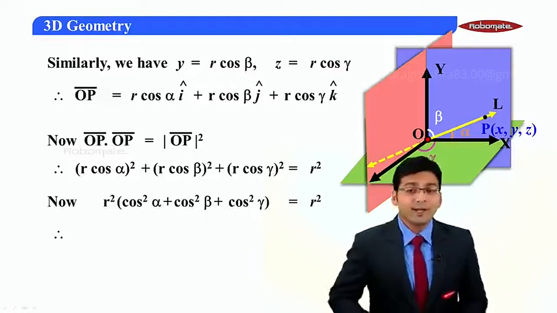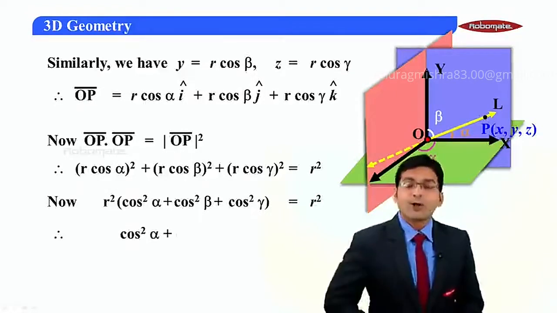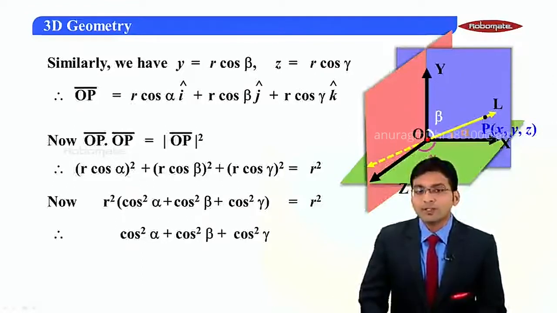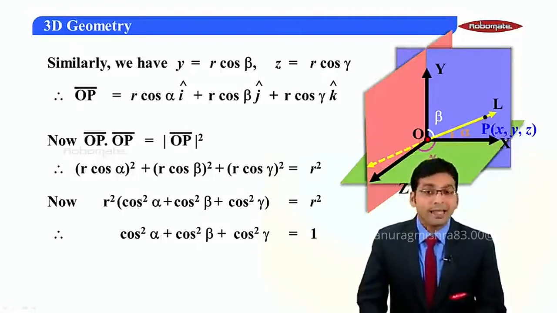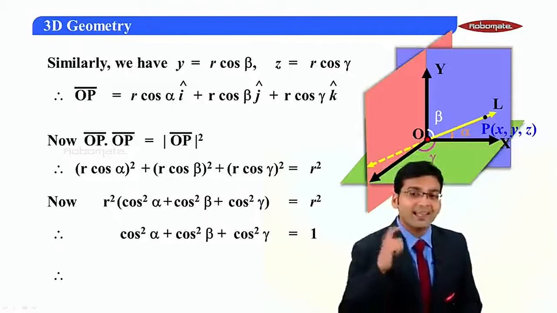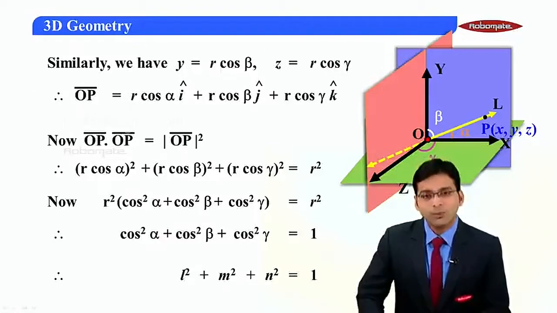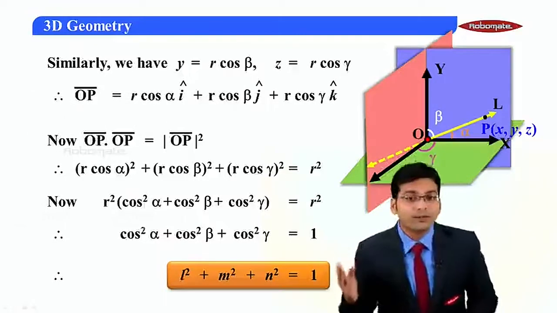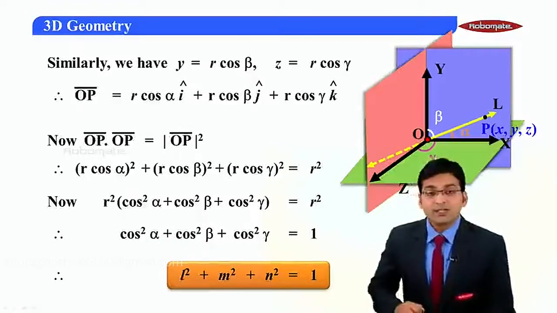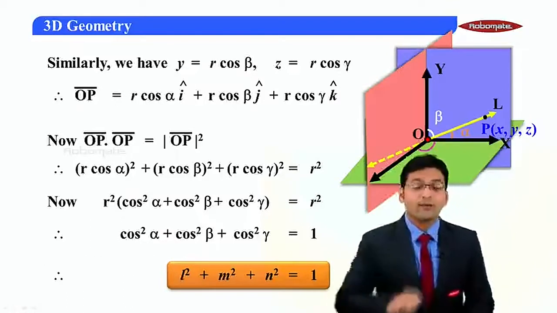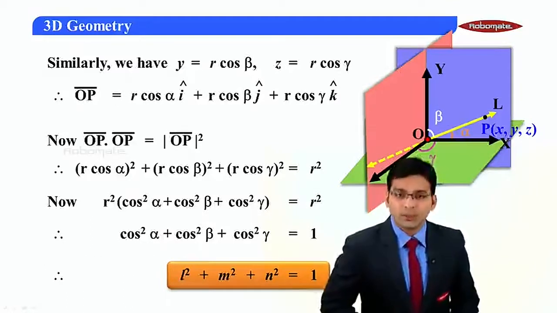When we cancel out r square on both sides, we get cos square alpha plus cos square beta plus cos square gamma as 1. And cos alpha students is l, so we get l square plus m square plus n square equals 1. So here we prove that for direction cosines, the sum of squares is always 1 for any line in three-dimensional geometry.